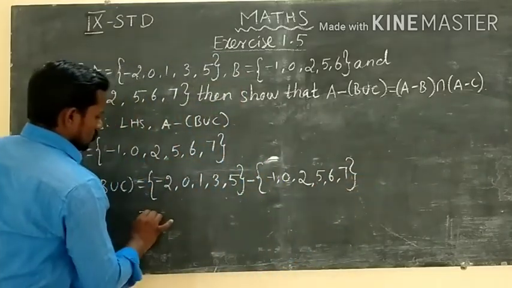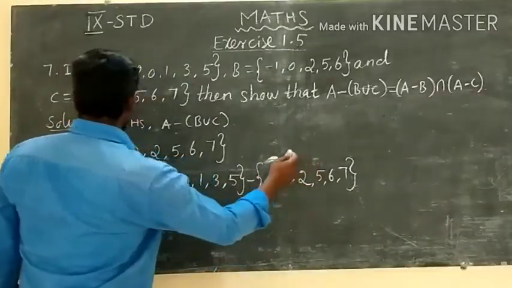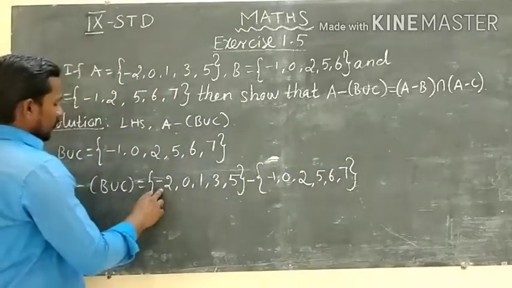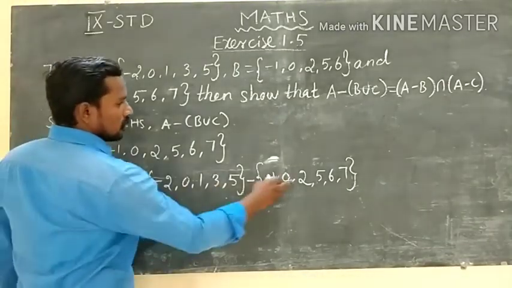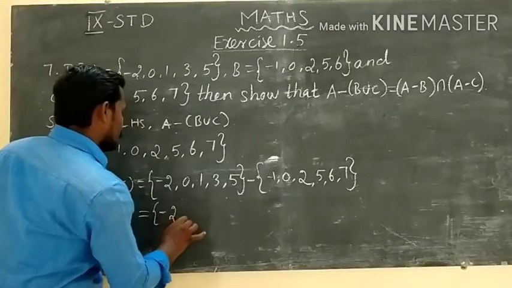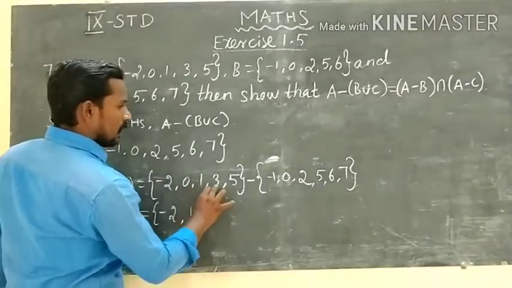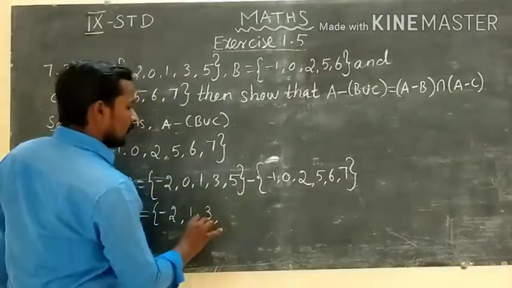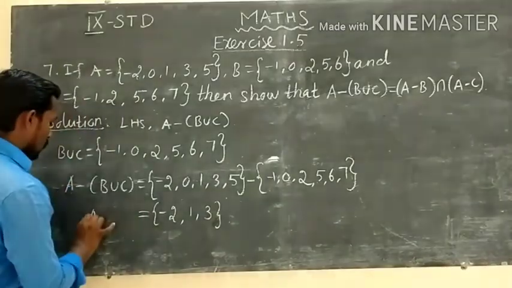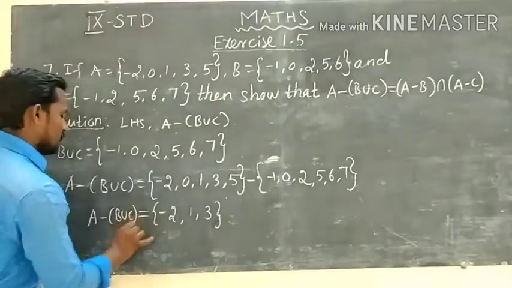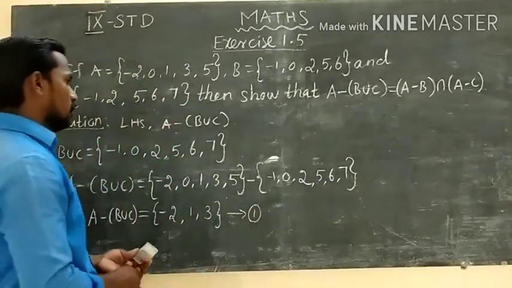Omitting the B ∪ C elements from A: -2 does not appear, so it remains; 0 is omitted; 1 does not appear, so it remains; 3 is not there, so it remains; 5 is omitted. That's all for A − (B ∪ C). This is number 1.